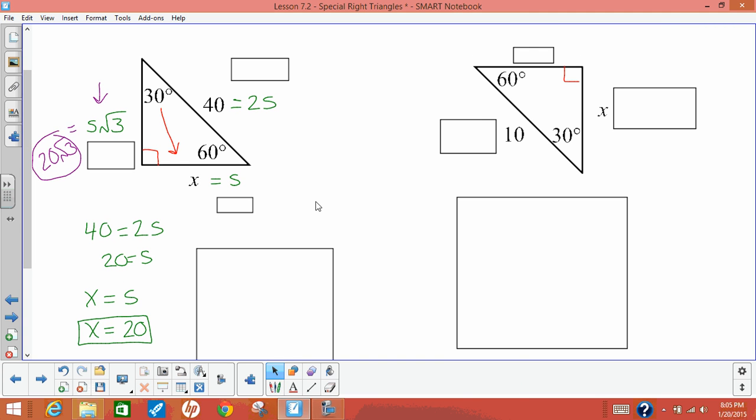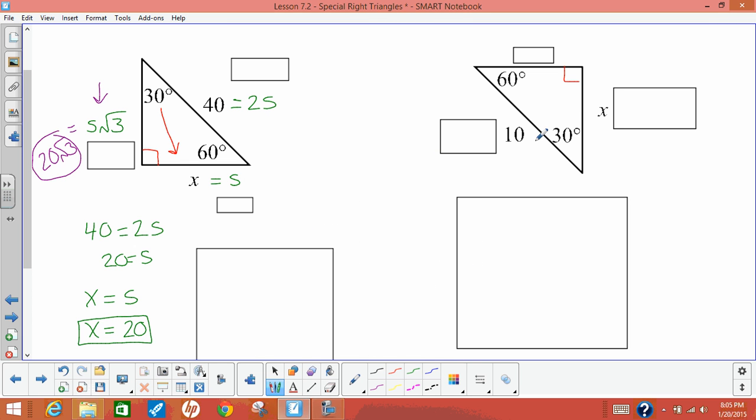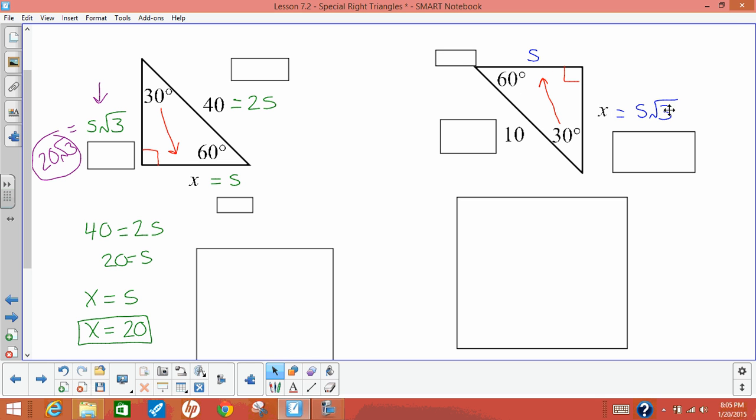So let's try one more. Again, I need to make sure I label this correctly. This one's a little more tricky than the 45, 45, 90. The side across from 30 is s. The side across from 60 is s root 3. So here I have x is equal to s root 3. And my hypotenuse is 2s.